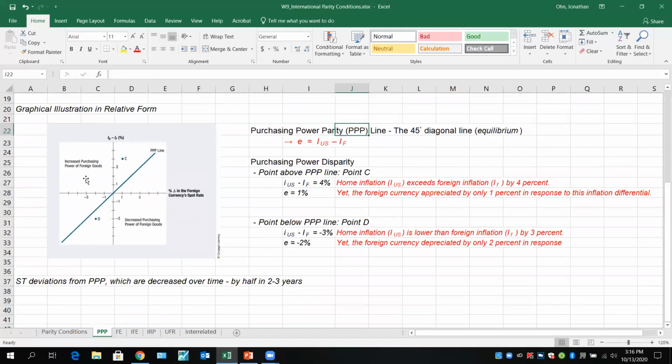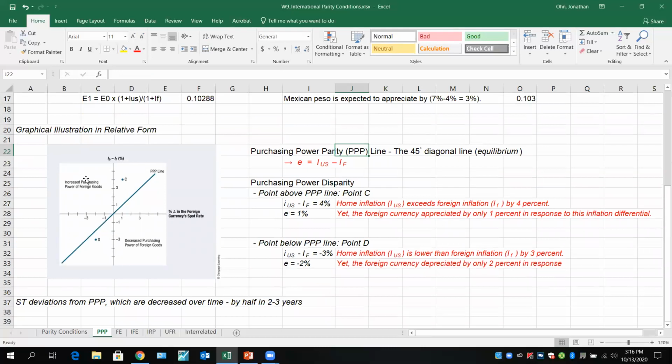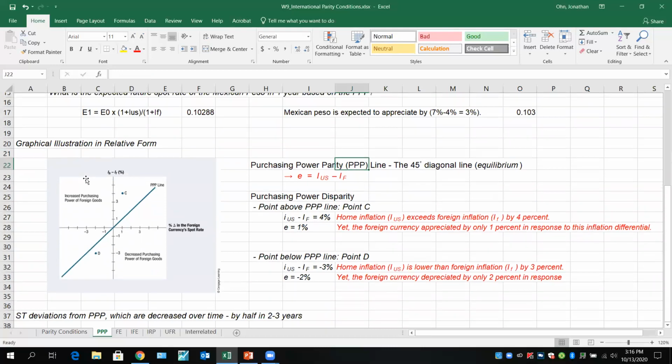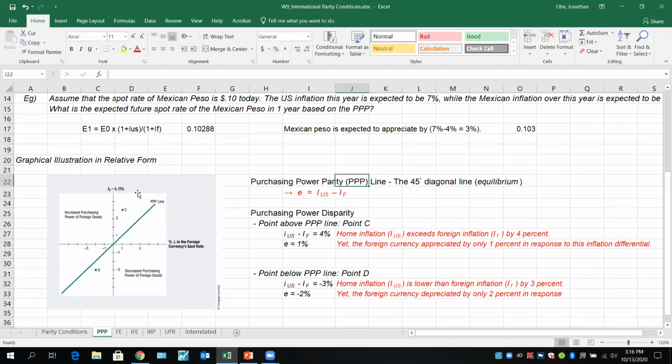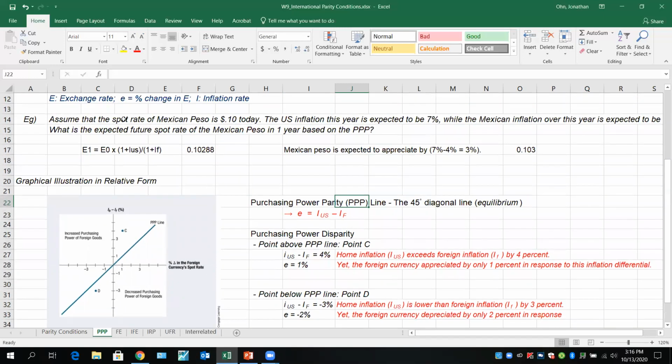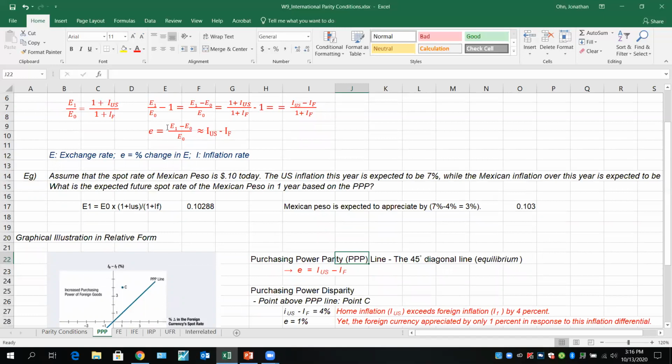If we show this relative form, the purchasing power parity, graphically, purchasing power parity means the percentage change in exchange rate is equal to relative inflation. Let's put relative inflation on the y-axis and the percentage change in the currency spot rate on the x-axis. With purchasing power parity, these two should be equal.